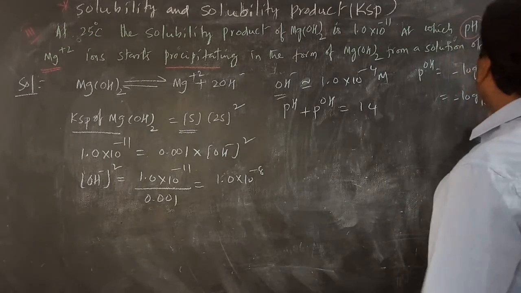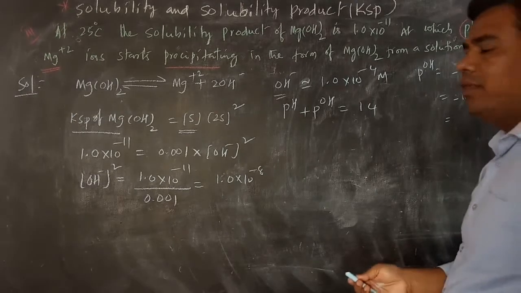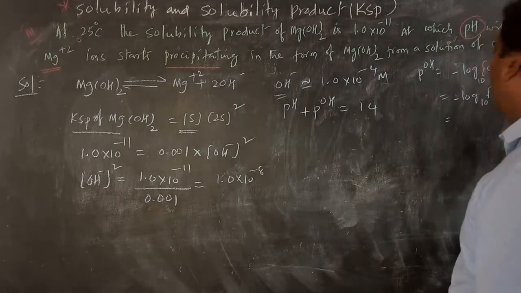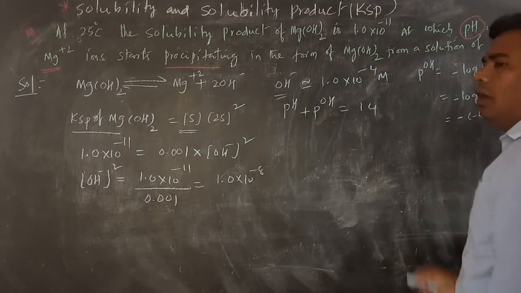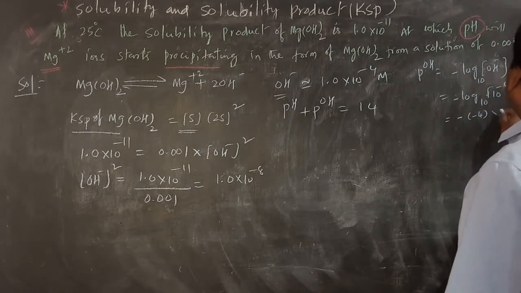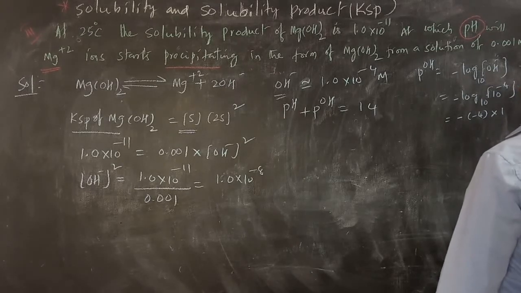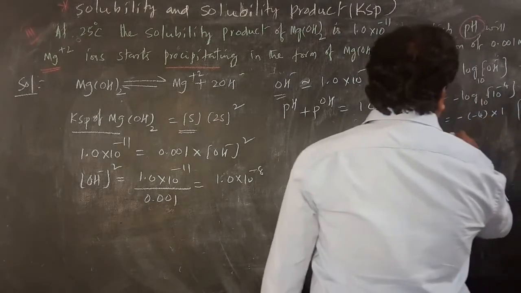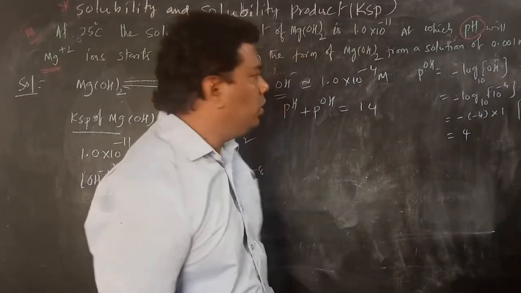Using a to the power of x, log is x into log a. So that is minus of minus 4 into log 10 base 10, which is equal to 1. Therefore minus into minus is 4, so the pOH value is equal to 4.